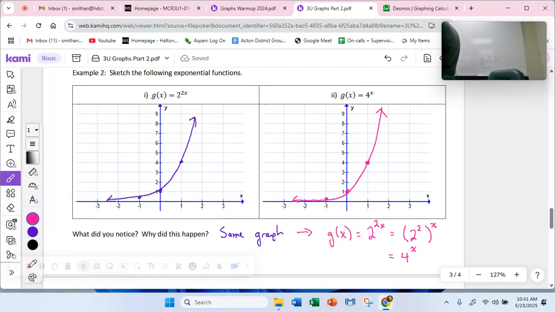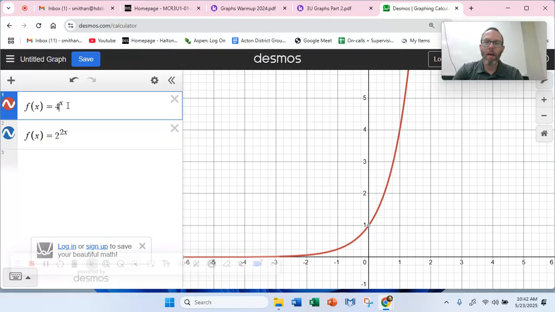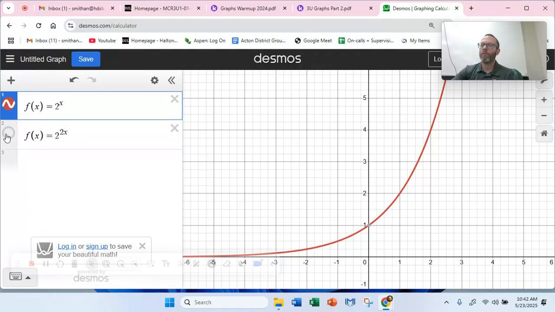Now, if you look at the graph of 4 to the power of x, or 2 to the power of 2x, compared with 2 to the power of x, I'm going to flash this up in Desmos here. Look at what happens when you compare the graph of 2 to the power of x and 2 to the power of 2x. With periodic functions, when you multiply the x by 2, it squishes everything closer to the y-axis.